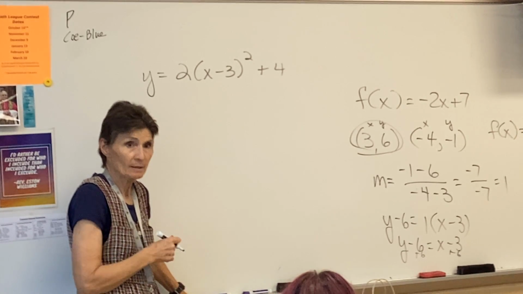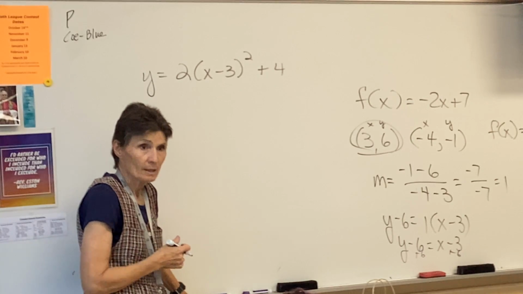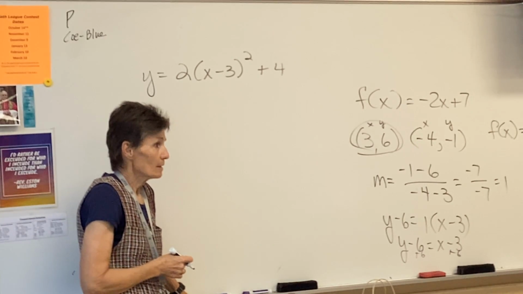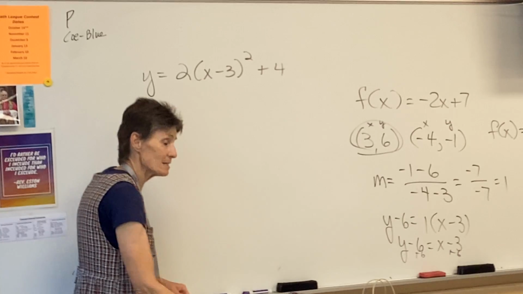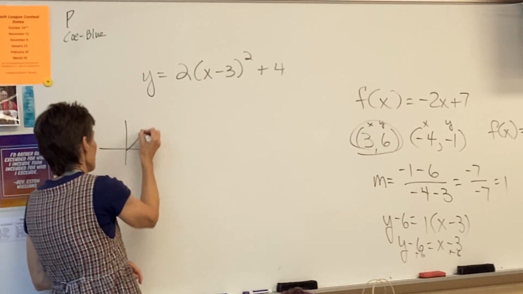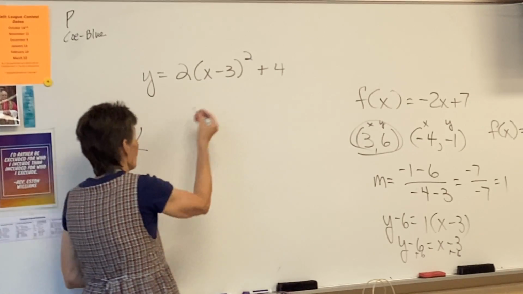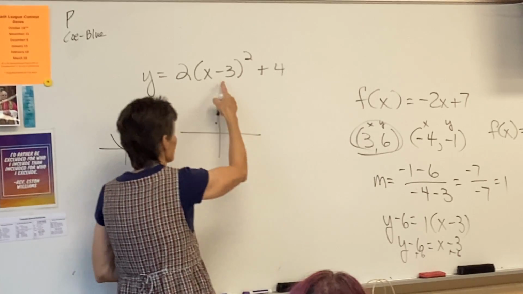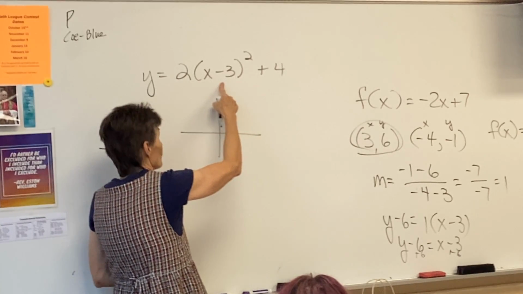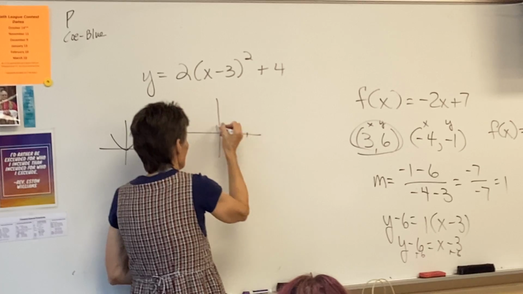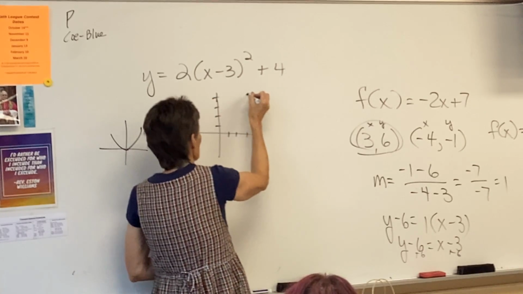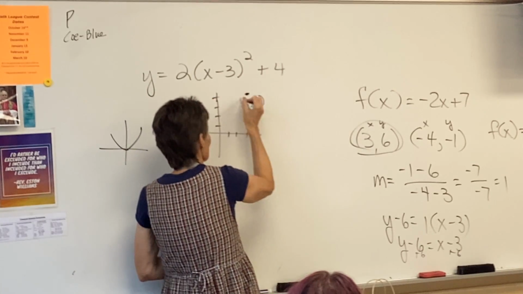Isn't that a parabola? How do we know? X squared. Now, if this parabola isn't our BFF parabola that's sitting at the origin, where is this one sitting? Right 3 and up 4. Now, you don't have to graph it, I'm just doing that.